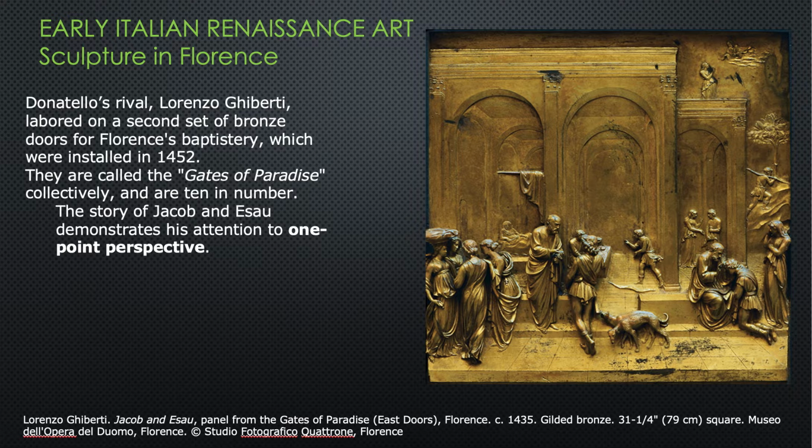These are all sort of squarish compositions. He did the second set of doors, and they were installed in 1452, and they're called the Gates of Paradise collectively, and are 10 in number. This is just one of them that you get to see here. It's called The Story of Jacob and Esau, another Old Testament story.